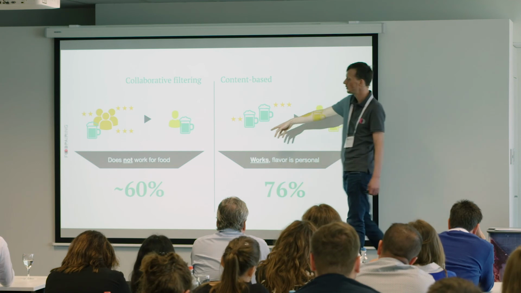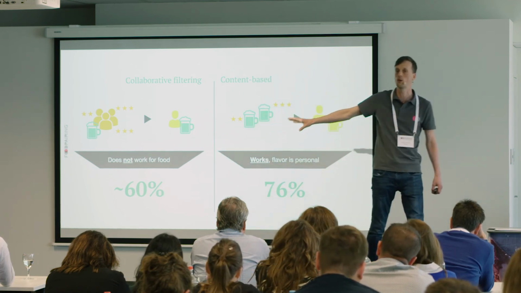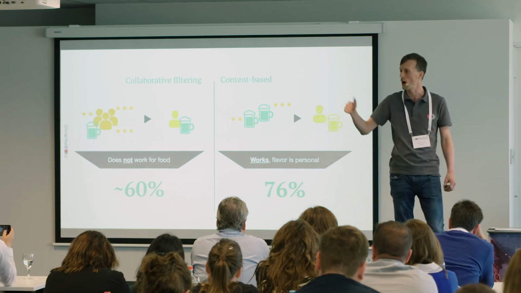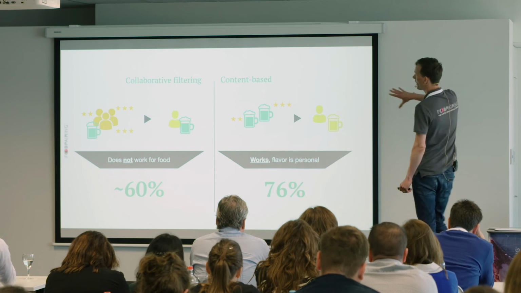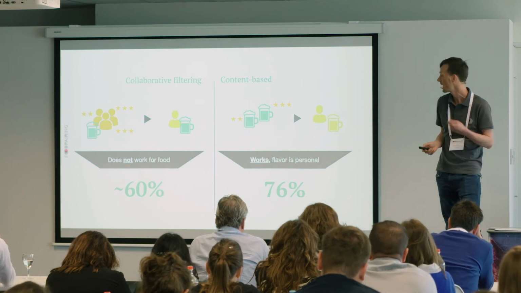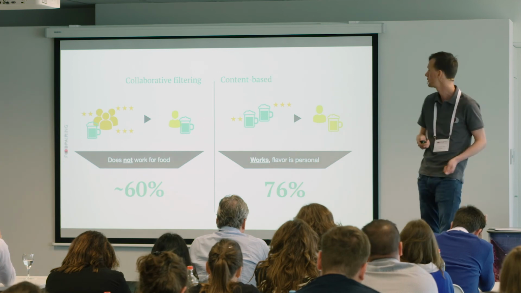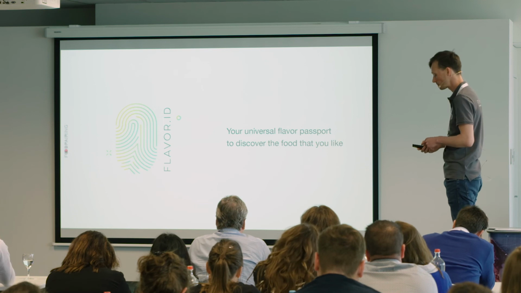So collaborative is about 60%, and that's not good for the recommenders that we want to build. But just looking at how other people like products, you don't get there. You only get there when you take food as really personal and zoom in on the characteristics and try to understand why a person likes a certain food. So that's what's behind the flavor ID.